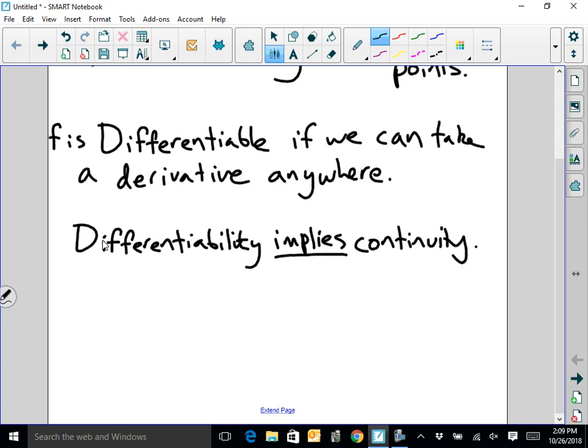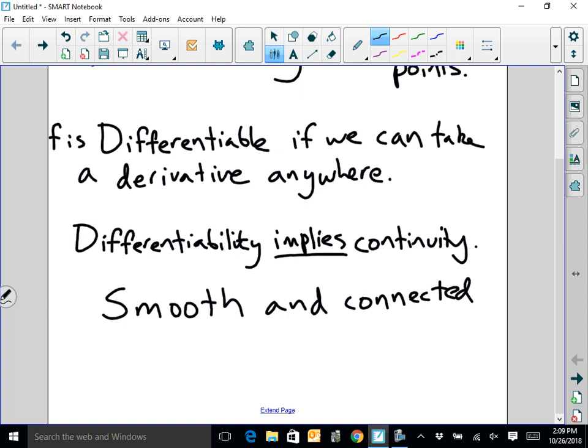If a function is differentiable, it means it is both, but here's how I think about it in kind of layman's terms. I think about it as smooth and connected. So it's pretty cool. It's really smooth, right?